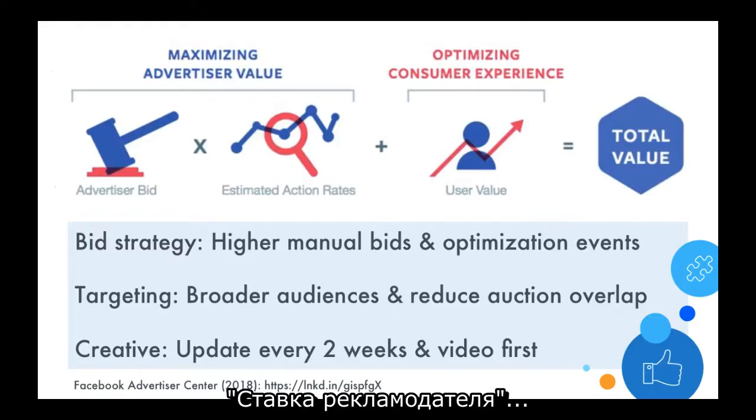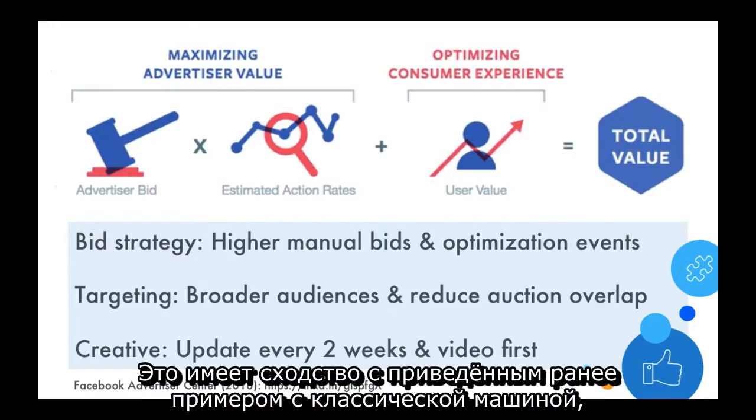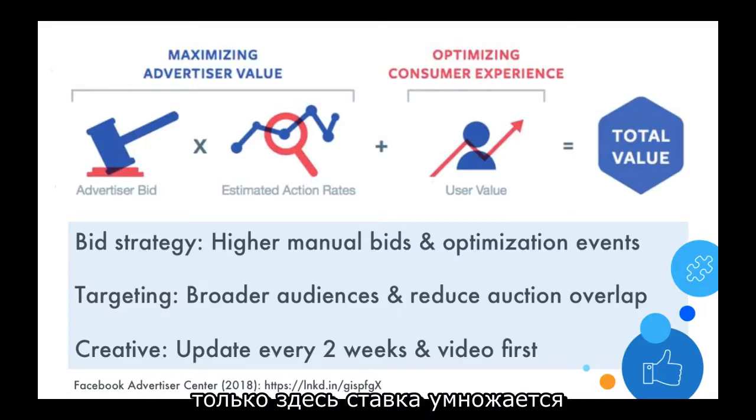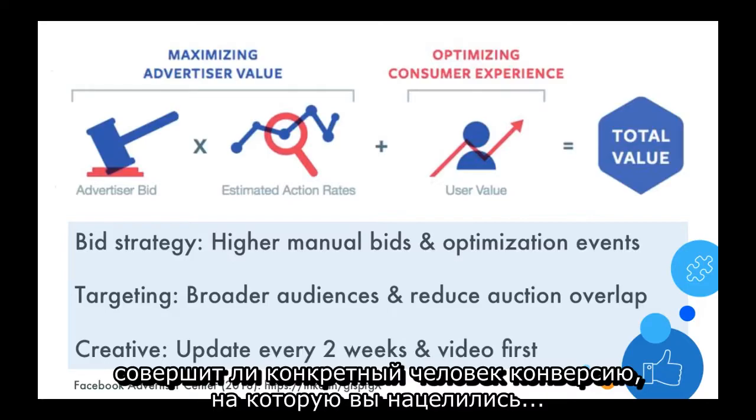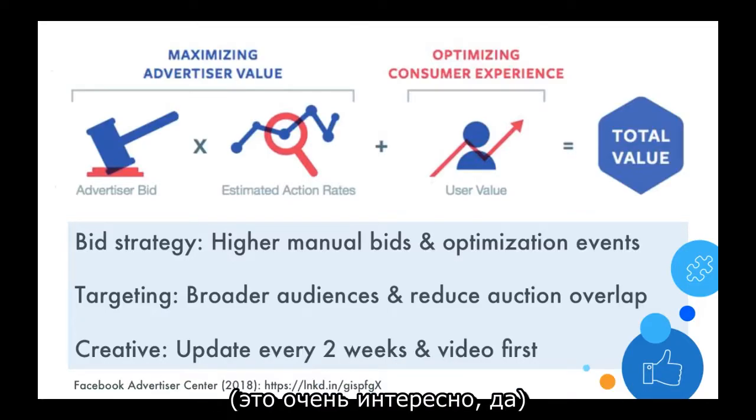The advertiser bid, okay, as I said, very similar to what we had in the car example for an old timer, but it is multiplied by the estimated action rates, okay. Therefore, here the Facebook algorithm takes into consideration the probability that a specific person really realizes the conversion that you're aiming for, which is super interesting, right?